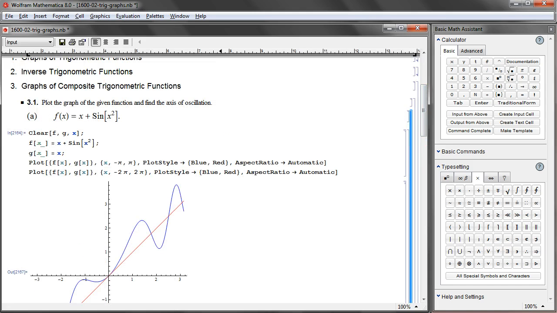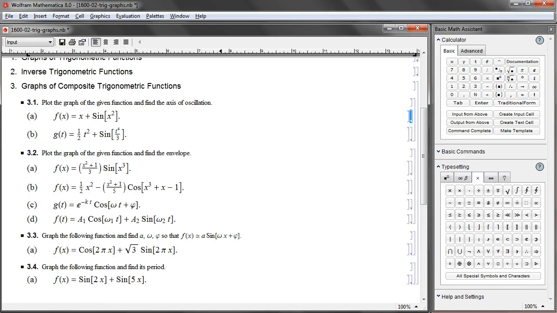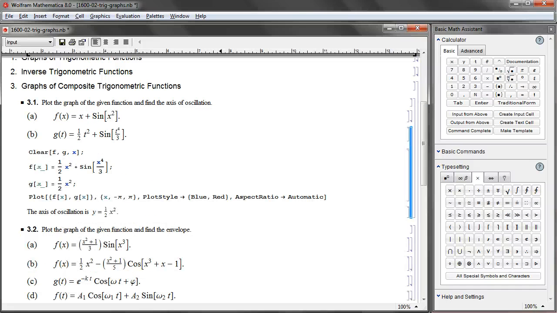So moral of the story, if you have a sinusoid, especially sine and cosine, then we have oscillation between -1 and +1.